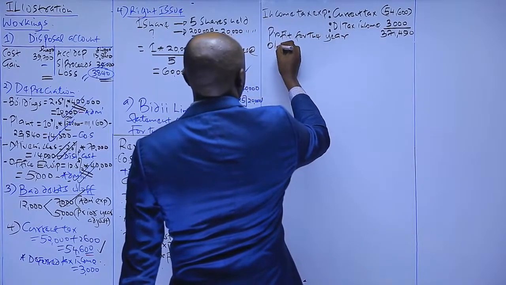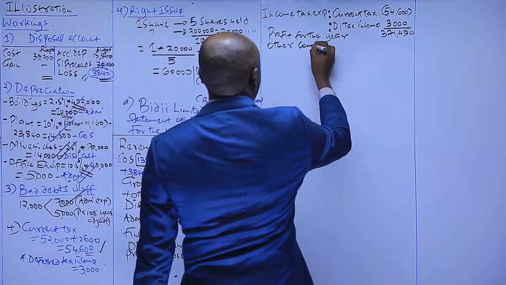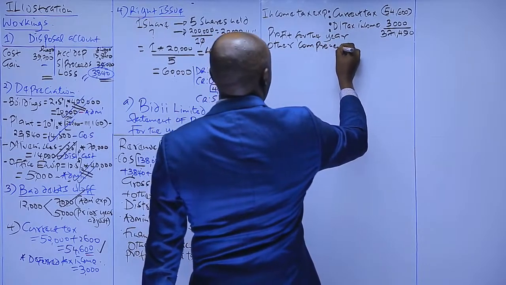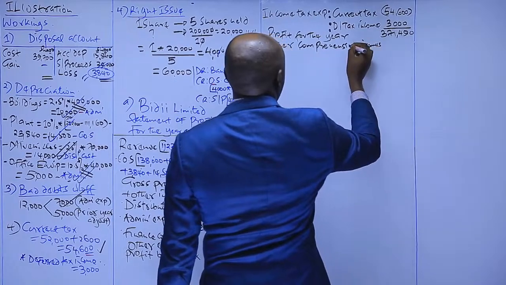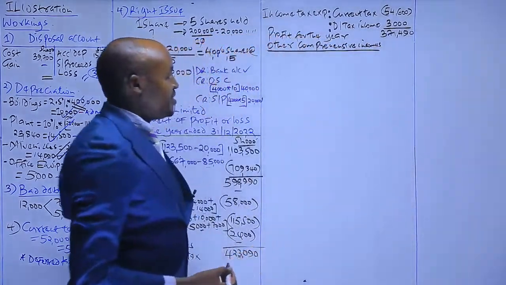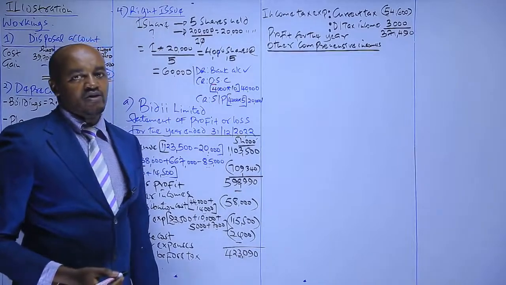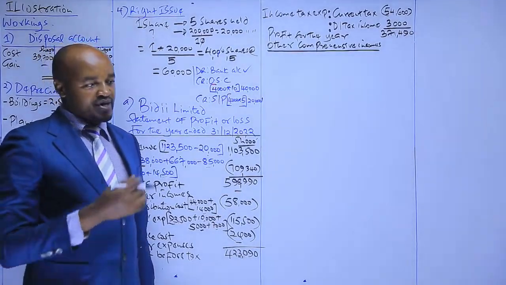To this profit for the year, we proceed and add other comprehensive incomes. Other comprehensive incomes, we said, include revaluation gain or loss on PPE, and revaluation gain or loss on a financial asset at fair value through other comprehensive income.